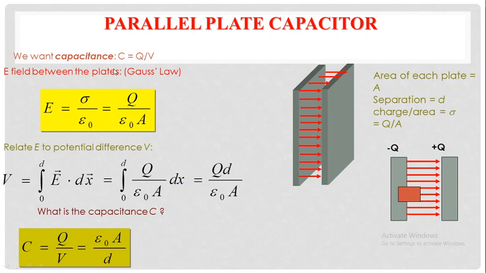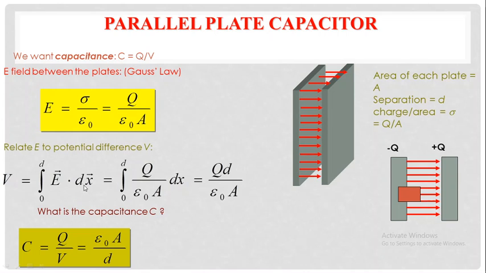We want C equal to Q by V. We take a parallel plate capacitor where the area of each plate is A and the separation between the two plates is D. In the figure we clearly see that the dielectric medium is air, so the electric field between the two plates is E equals sigma upon epsilon naught, which is equal to Q upon epsilon naught A. We know there is a relation between E and the potential difference V. So V is the integral from 0 to D of E dot dl.